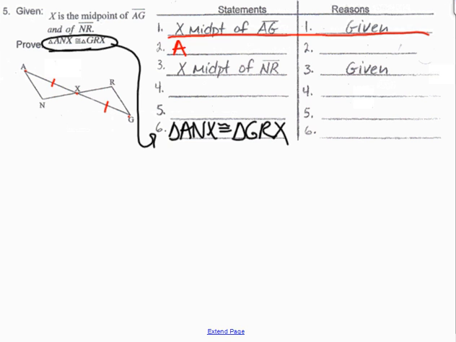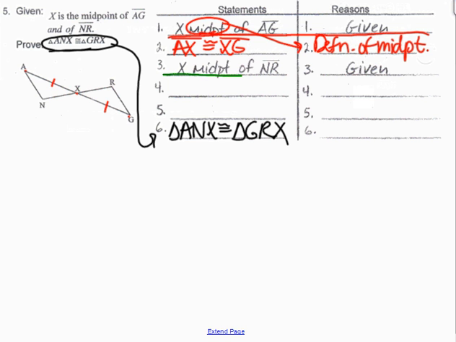So what I'm going to write is AX is congruent to XG. The reasoning, look at that vocab word, definition of a midpoint. I have a congruent part, so I can move on to green.